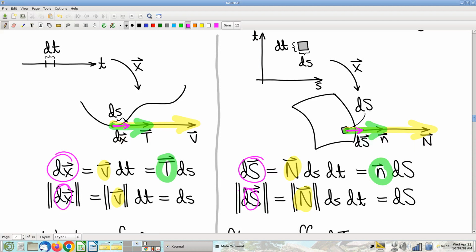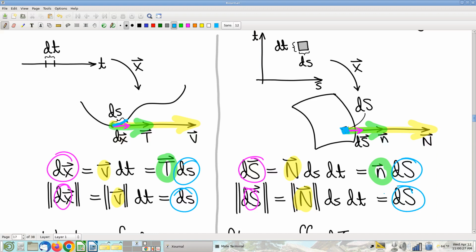I have to make a color choice here. Let's use blue. The ds scalar representing the size of that piece of curve. The capital S scalar representing the size of that piece of surface. Well, again, analogous. Everybody see what I'm talking about here? Very strong analogy here.